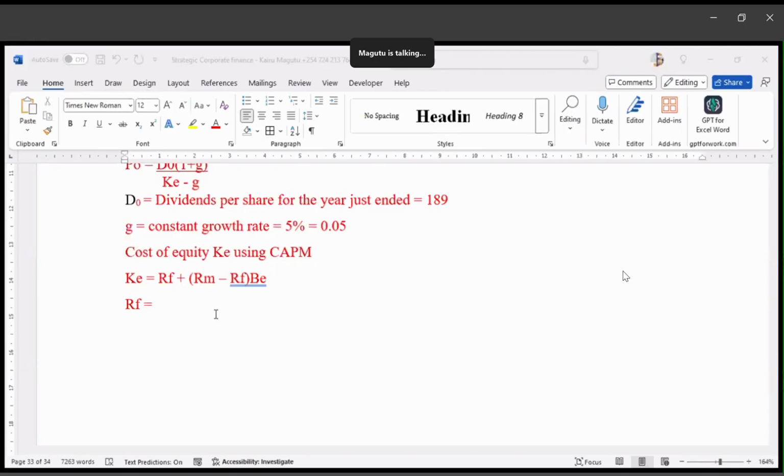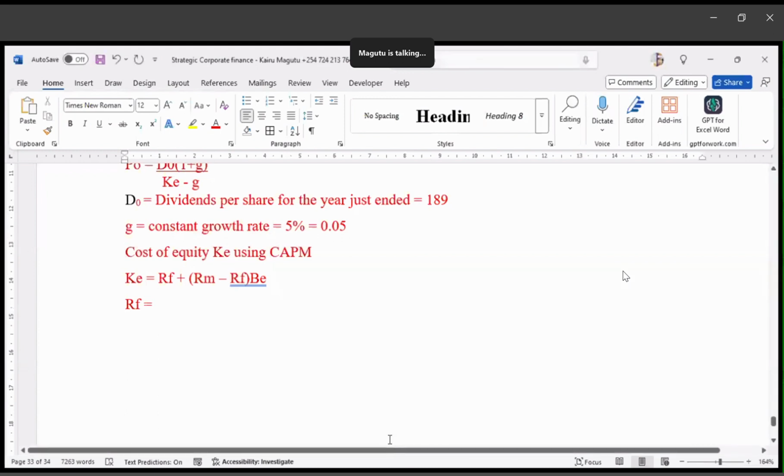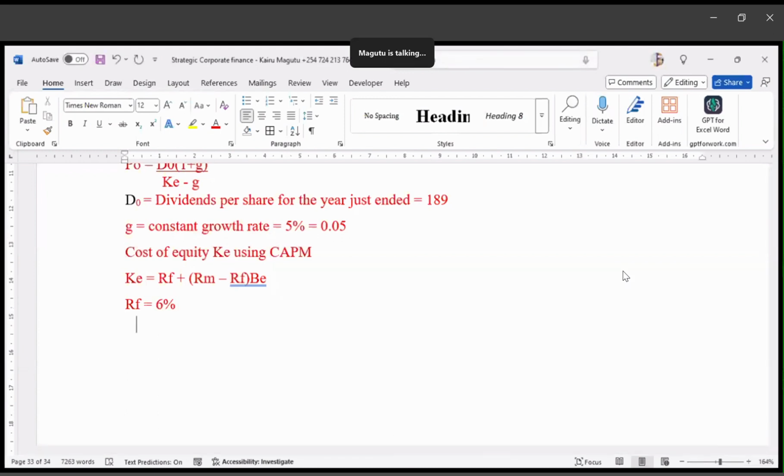This one should be note number 3. Risk-free rate is 6% and the market premium is 4.82. So we have the risk-free rate is 6%.